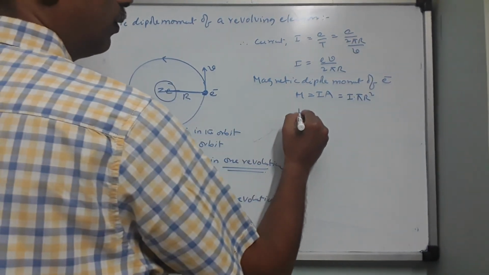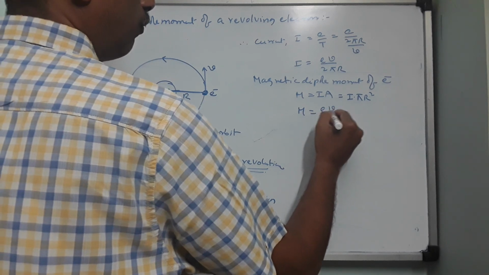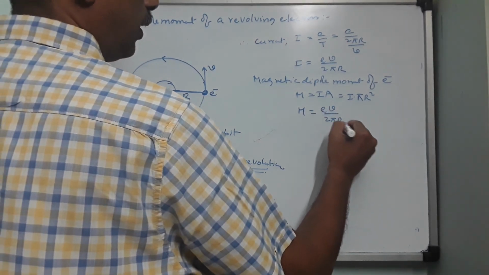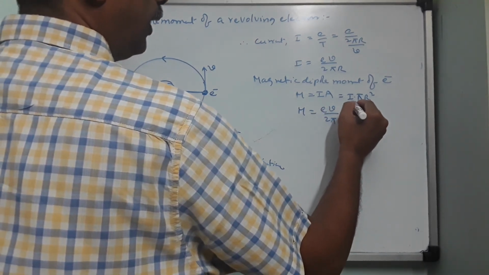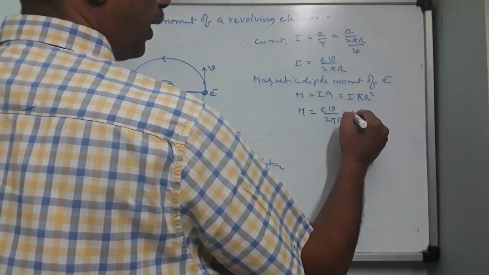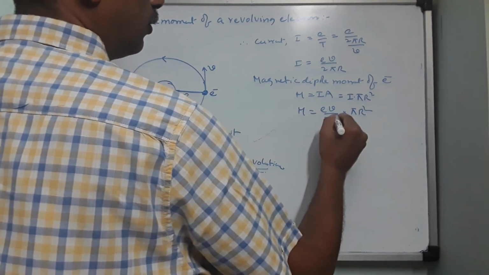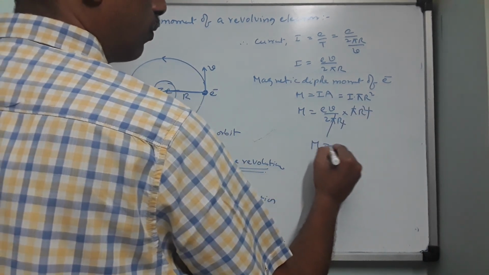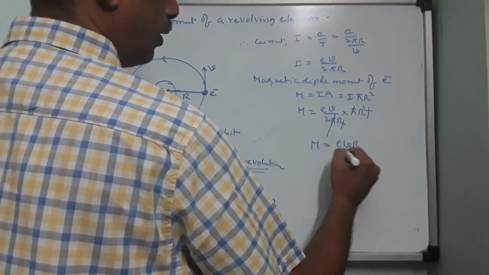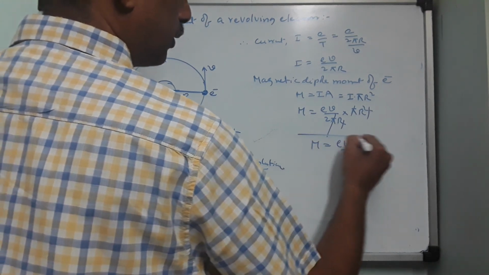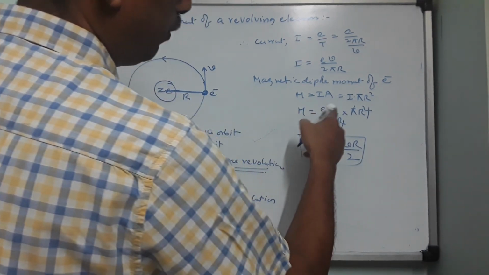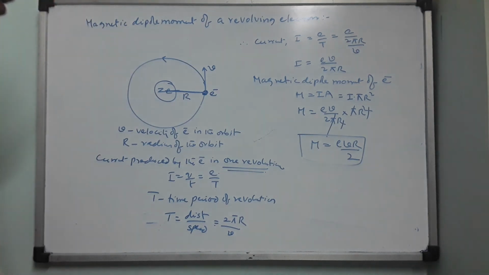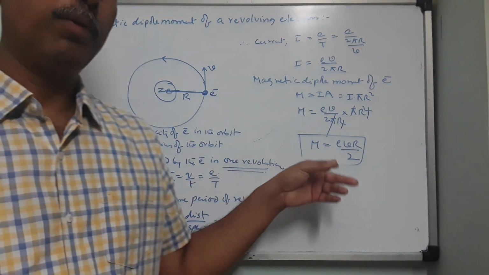So m equals e v by 2 pi r multiplied by pi r square. Pi and pi cancel, and r square with r leaves r, so m equals e v r divided by 2. So this is the magnetic dipole moment possessed by the electron.